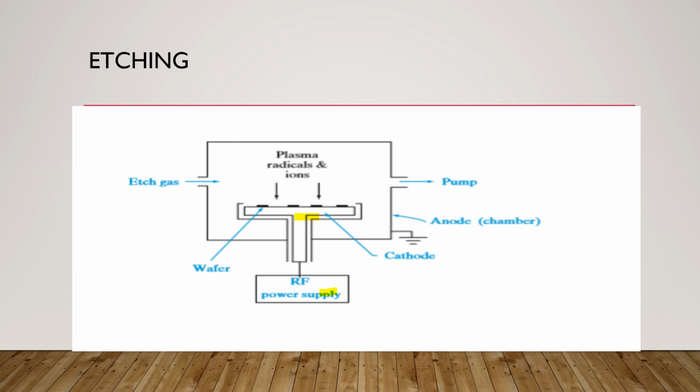The gas will enter from this side, which will produce plasma and radicals inside, which will impinge on the wafer, and during the impingement they will take the contamination along with them. And here you have a pump to reduce the pressure inside the chamber to increase the mean free path.